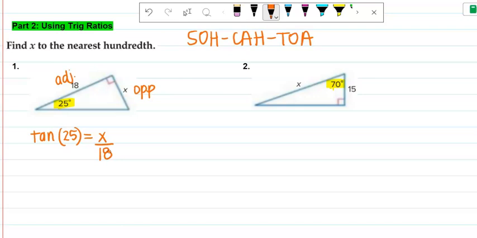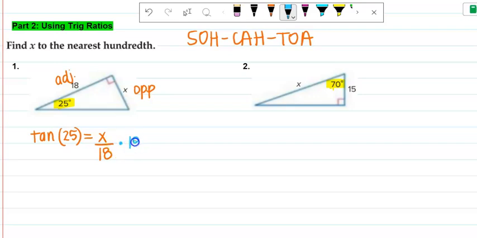Okay, so then from here, right, in the last video, we had an unknown of our angle, but we were just practicing writing the ratios. This time, we actually need to solve for x. Okay, so what we're going to do is we're going to think, okay, what is the 18 doing to the x? Just like in any regular old equation. And hopefully you're thinking it says x divided by 18.